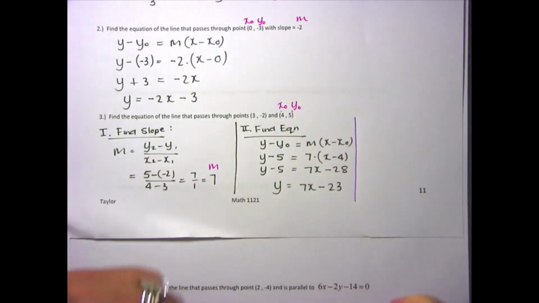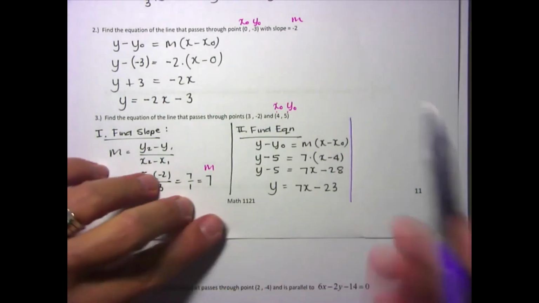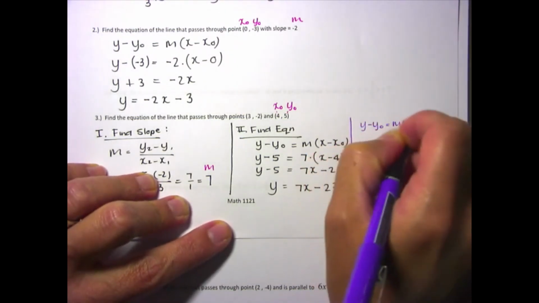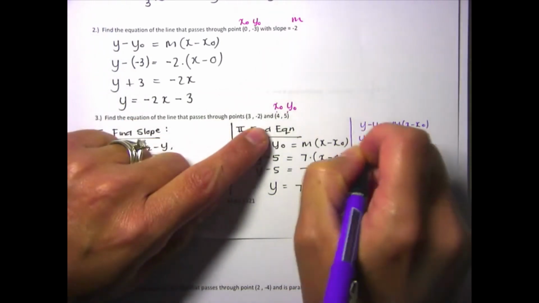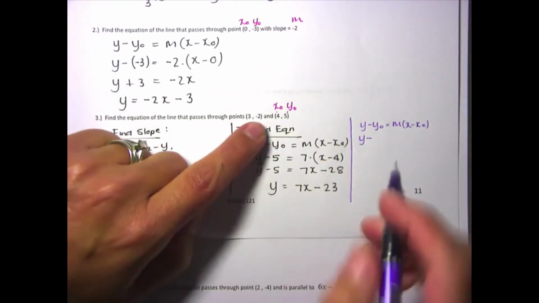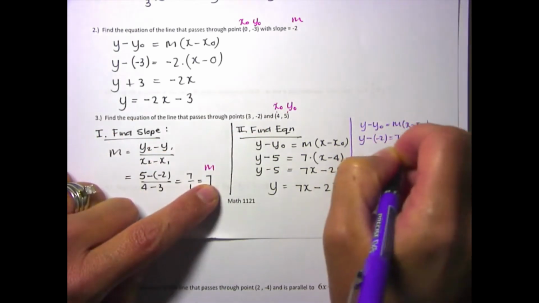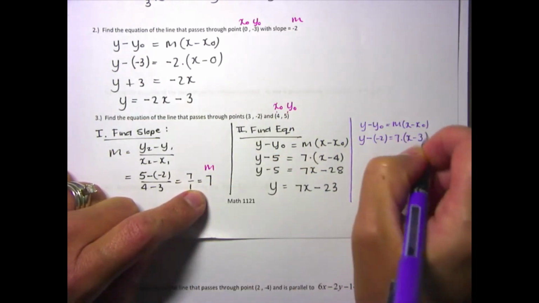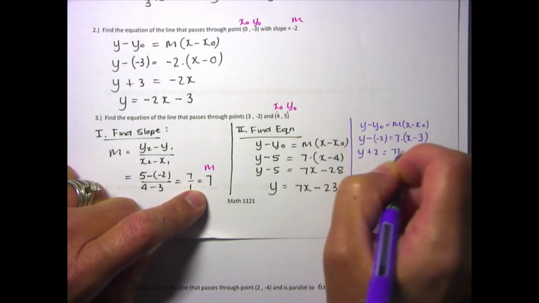All right, so instead of using this point, let's use this point. So I would have y minus y naught equal to m times x minus x naught. So if I use the negative 2 as the y naught, the slope is still equal to 7, and then I would use 3 as the x naught. All right, so I would have y plus 2 equals 7x.